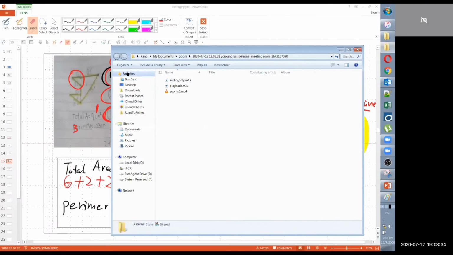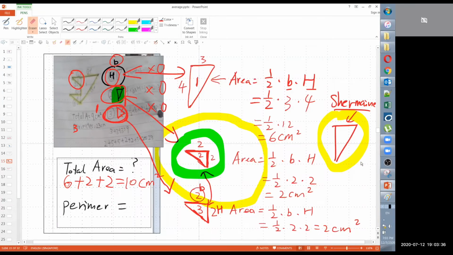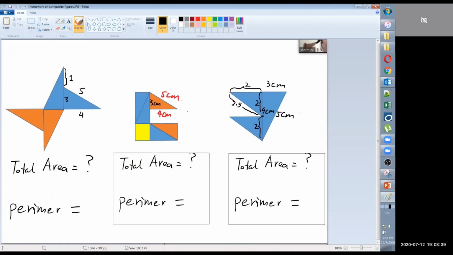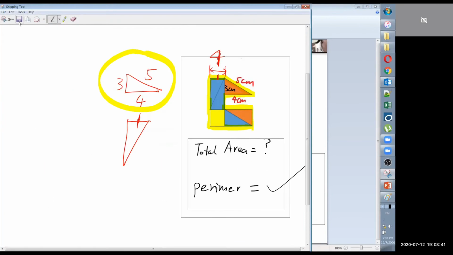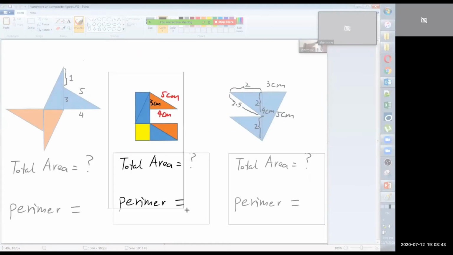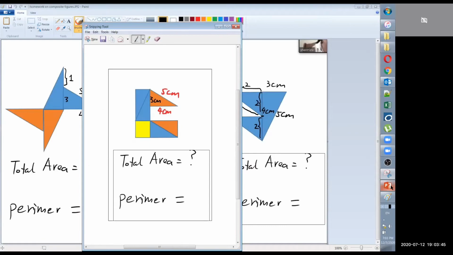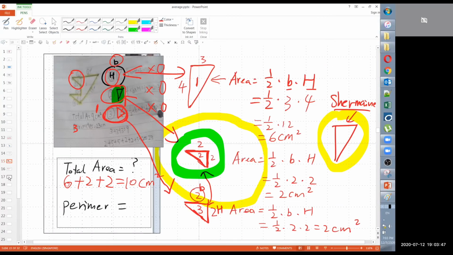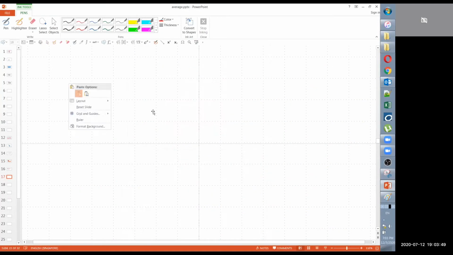Let me get it to this another software. I don't know why you can't see it, but anyway, I thought it's pretty obvious.